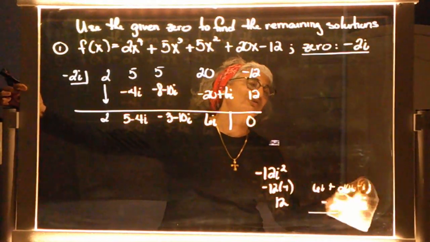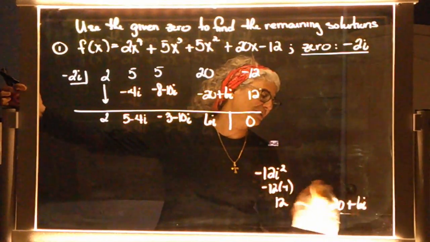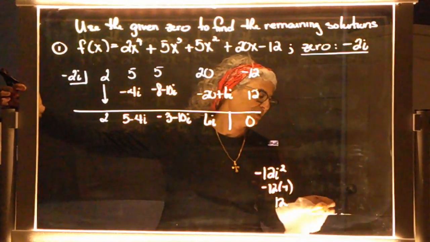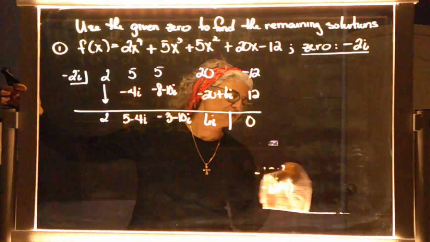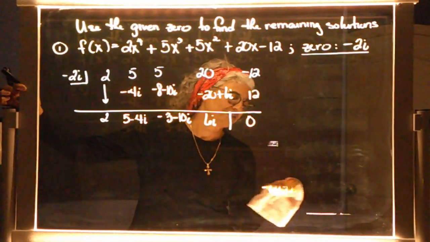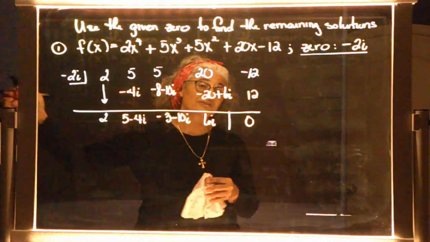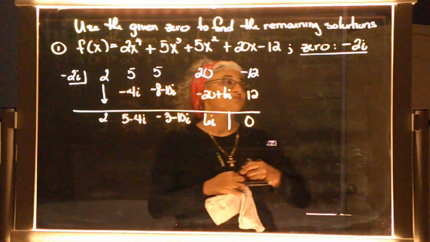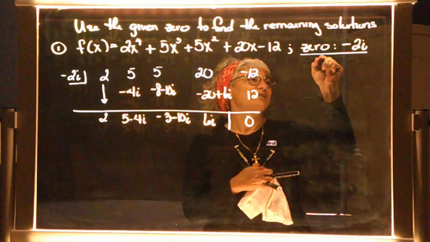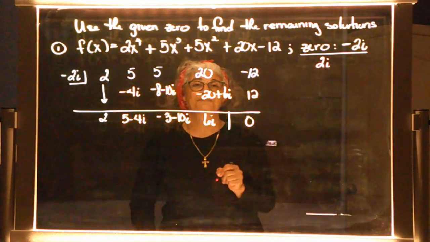Yeah, another 0 is a positive 2i, isn't it? Because complex numbers travel in pairs. So one of my other zeros is a positive 2i.